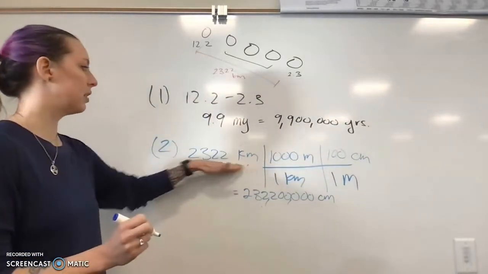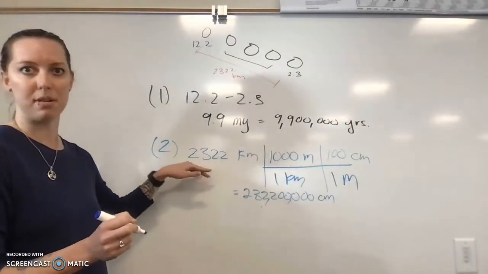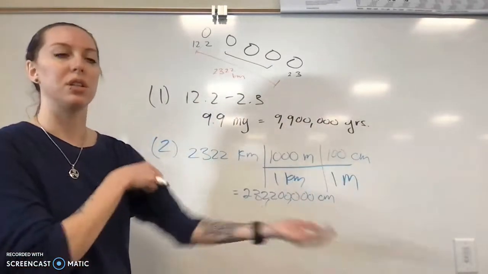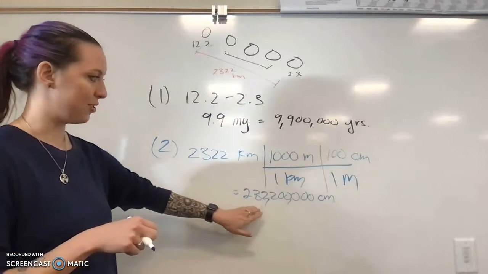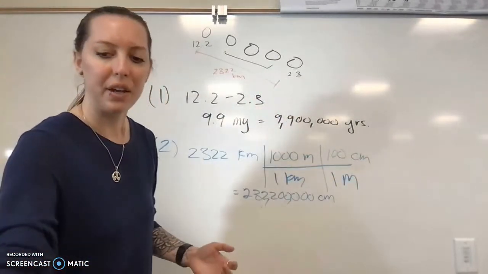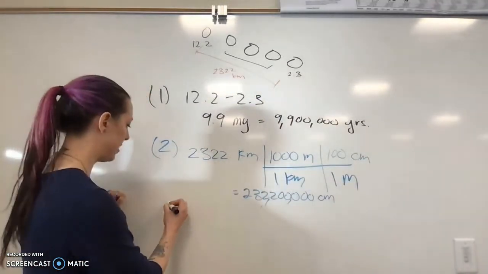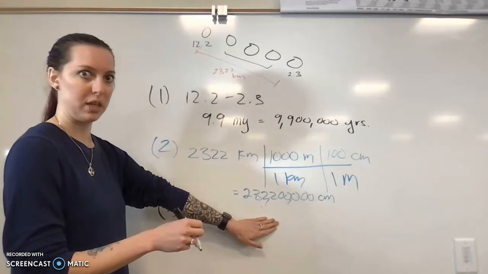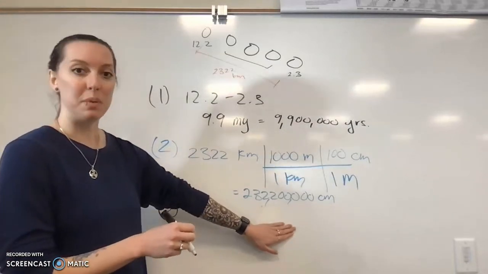But think about it, right? Kilometers, that's a really long distance. 2,322 kilometers expanded out is 232,200,000 centimeters. Woo! And then on to our last step, which is dividing these 2 values. And remember, I want it in centimeters per year.